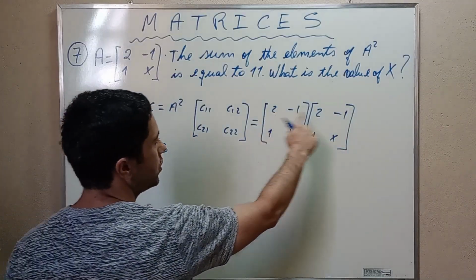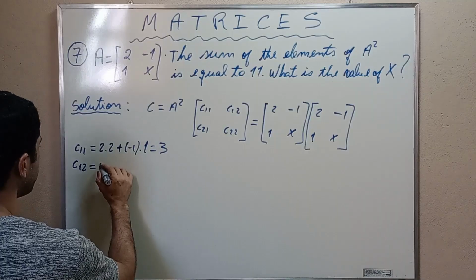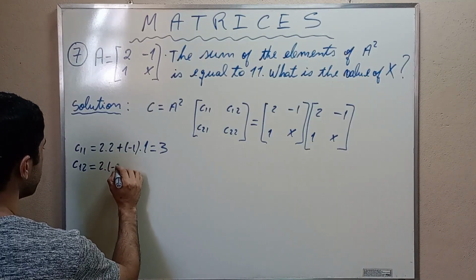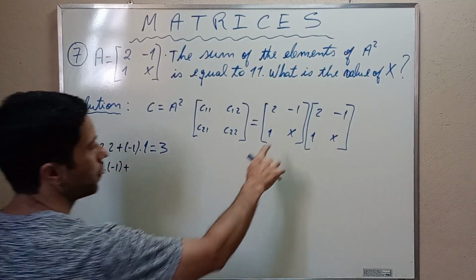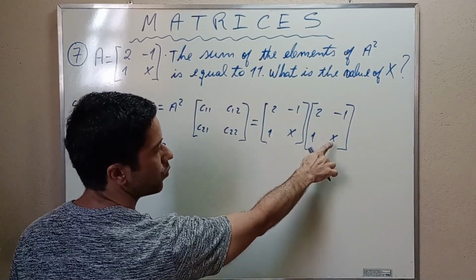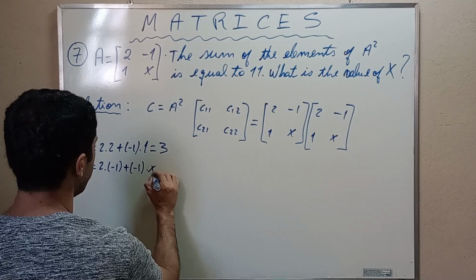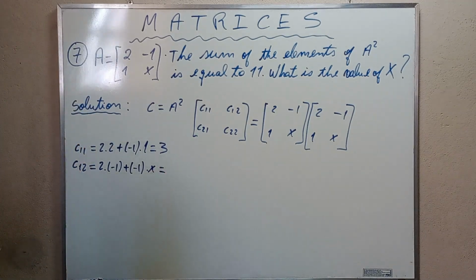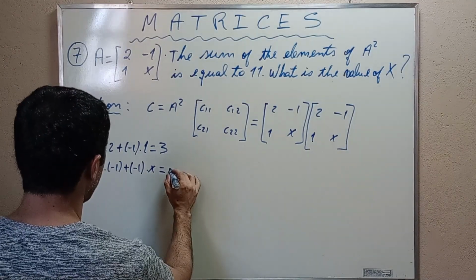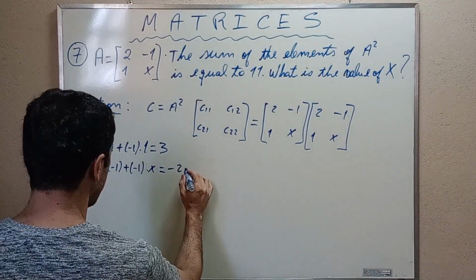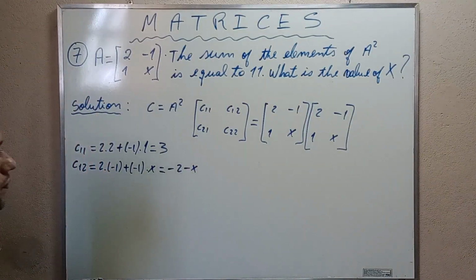It is 2 times negative 1 plus negative 1 times x. Okay? And this is equal to negative 2 minus x.